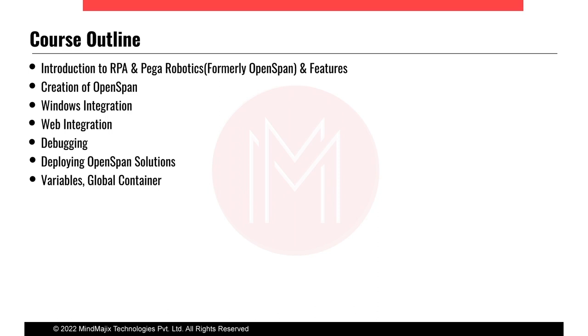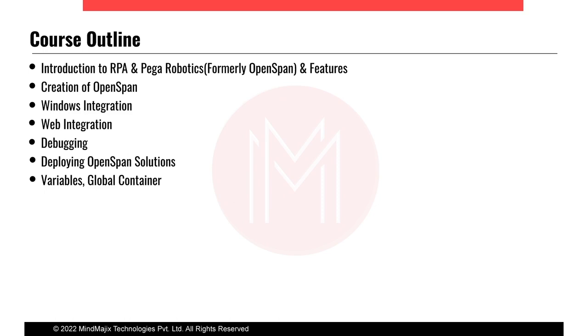And finally, another two important aspects of Pega Robot Studio: deploying the OpenSpan solution, but before that, variables and the global container. As I mentioned, we have one more section in the solution that is called variables. In the global container, there are variables which are shared by any automation, event or procedure.